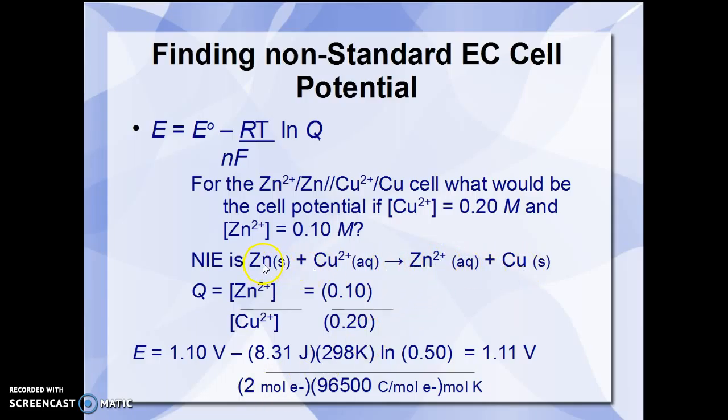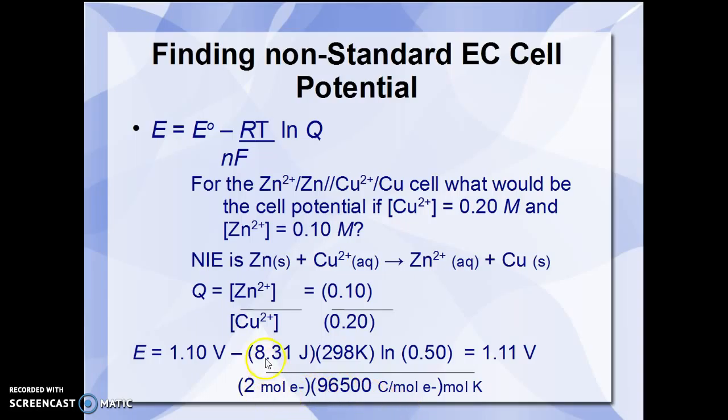We go from 0 to plus 2, from plus 2 to 0. Multiply by 298 K, because that's the standard conditions that we use for the standard cell. And then you're going to divide by 96,500 coulombs per mole. That's called Faraday's constant, and that will come up again and again in our electrochemical work.